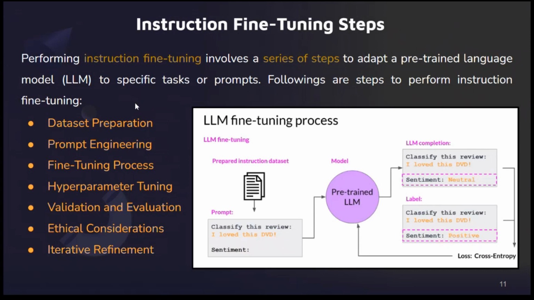It's a journey that involves dataset preparation, prompt engineering, fine-tuning, hyperparameter fine-tuning, and ethical consideration. All of these will be discussed by us in the relevant topics discussion. We already did some discussion about the fine-tuning process and pre-training process in the previous lecture. You can see that as well.